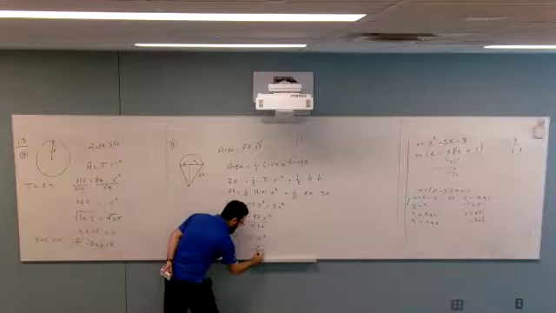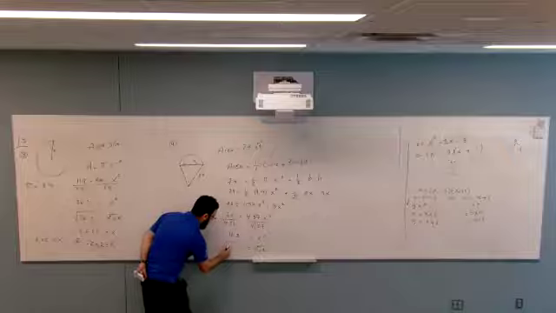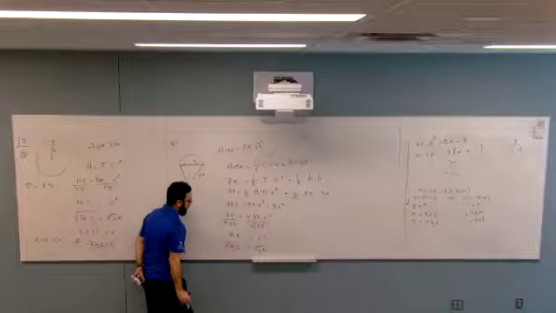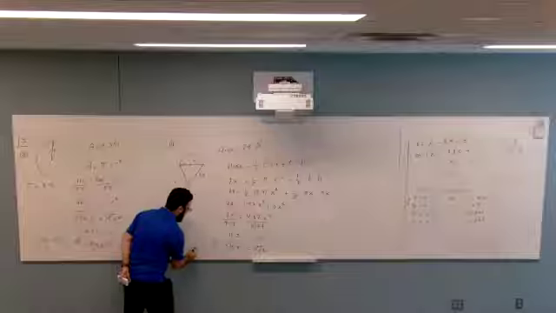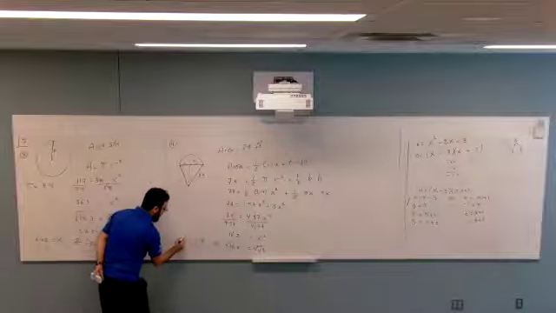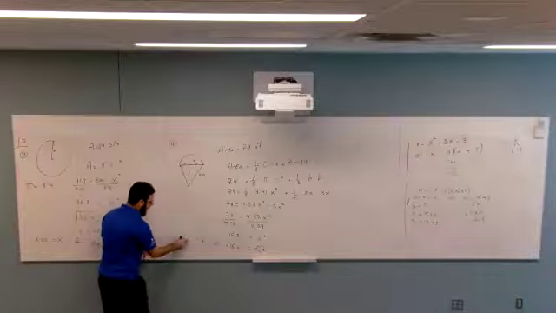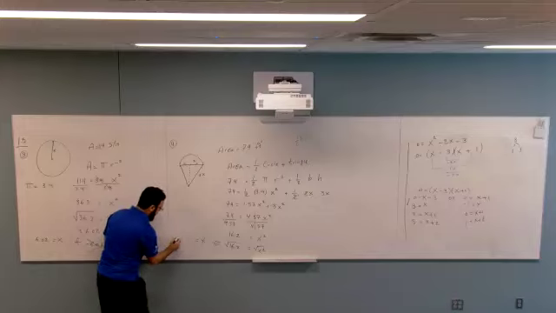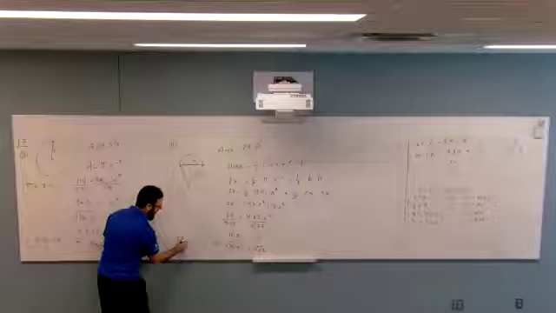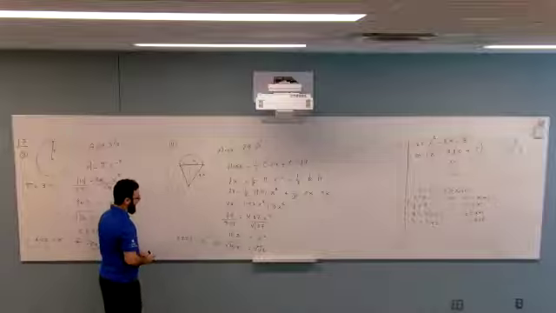Square root of x squared. Square root of 16.2. x equals plus or minus 4.02. That's it.